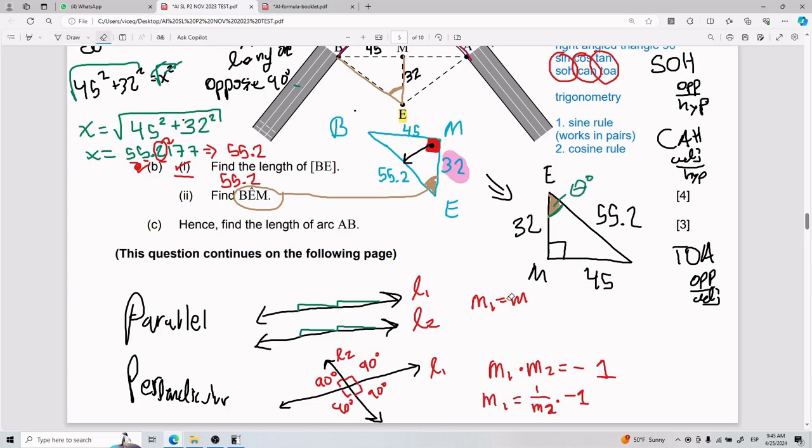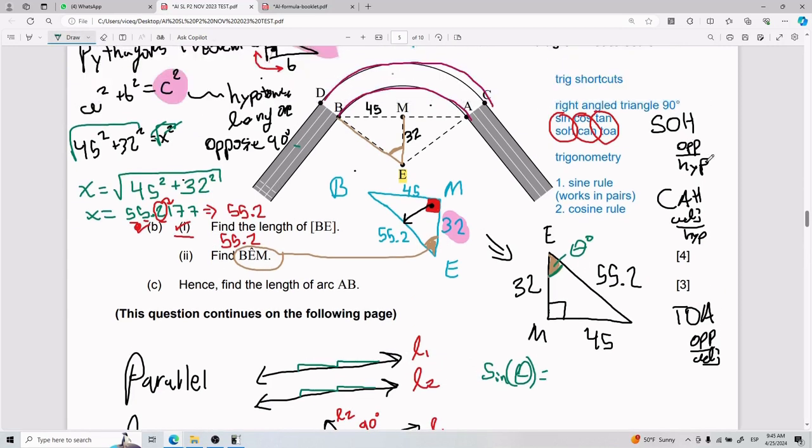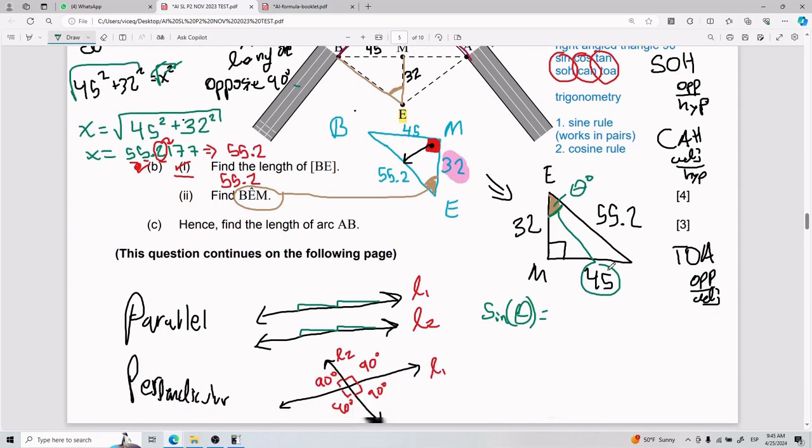So if you go ahead and call that theta, you can actually use all of these. So you can say that sine theta would be opposite over hypotenuse. So the opposite would be 45 because it's on the other end. The hypotenuse is always going to be the long side, so the 55.2. So you can say opposite over hypotenuse.